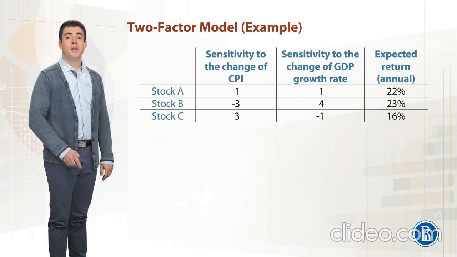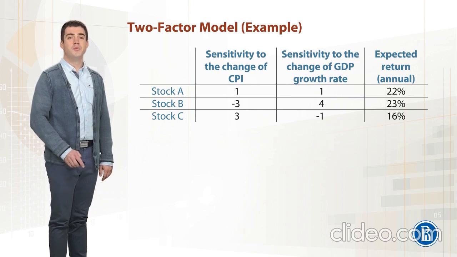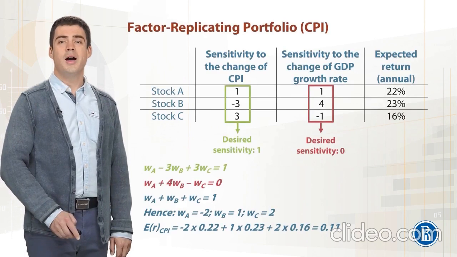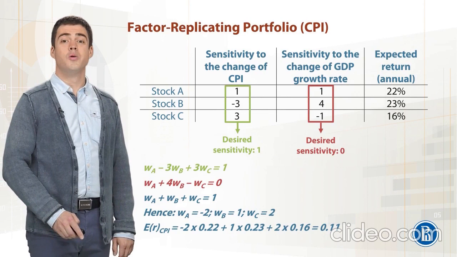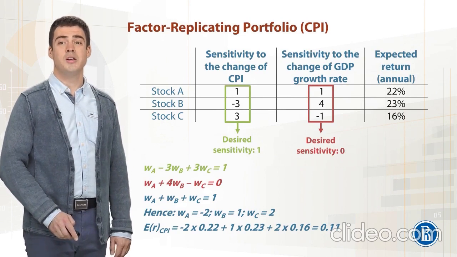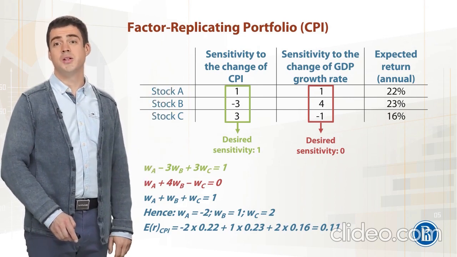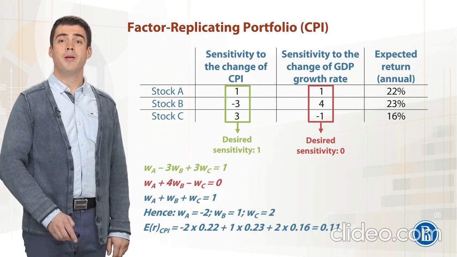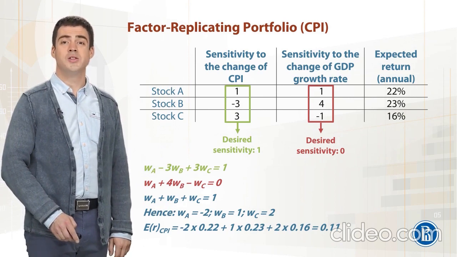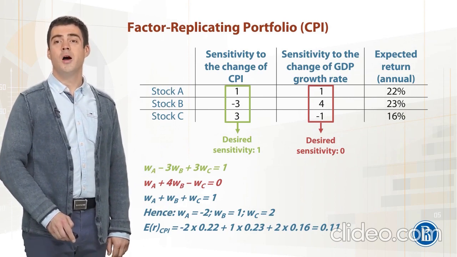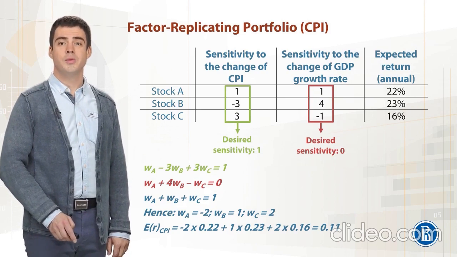Now you need to do just the same job as before in order to identify the returns of the factor replicating portfolios. However, now you have two factors that affect stock returns instead of one, namely the change of the consumer price index and the change of the GDP growth rate.